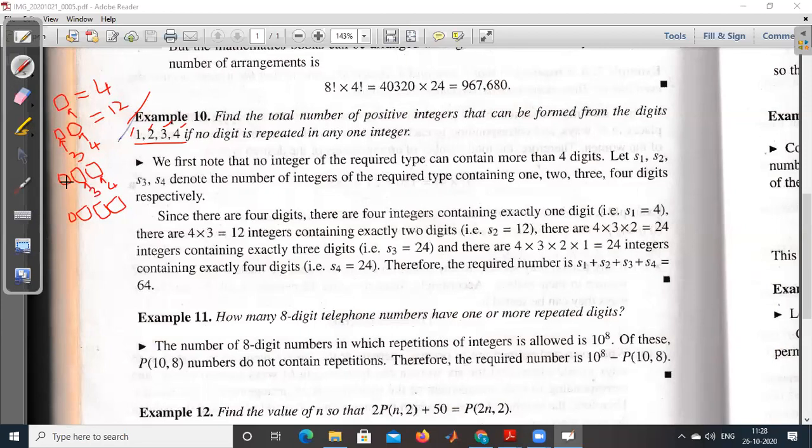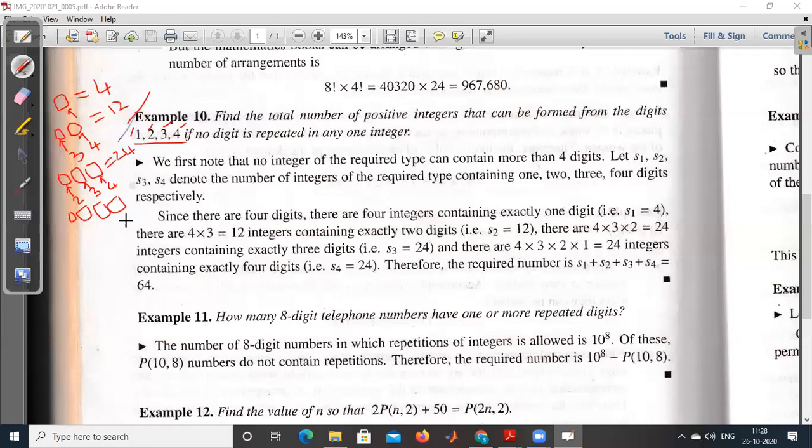So this can be filled in three ways. Next, only two digits are available to fill this position, so two ways we can fill. So 2 into 3 into 4, that equals 24 different three digit numbers we get.